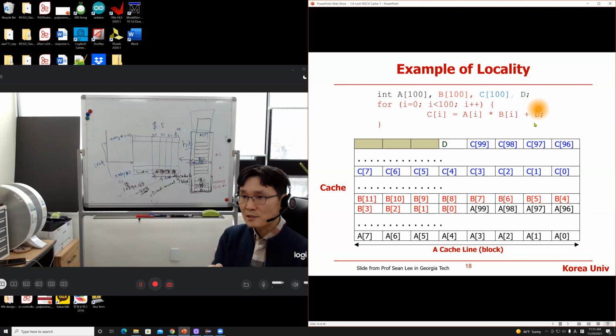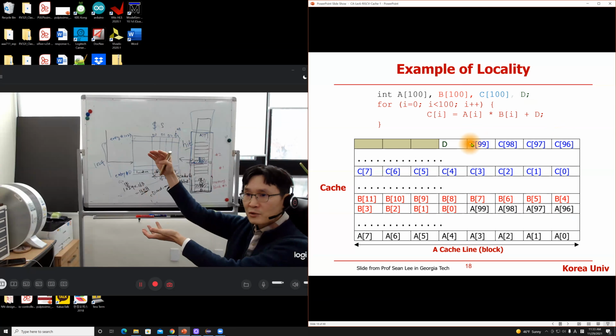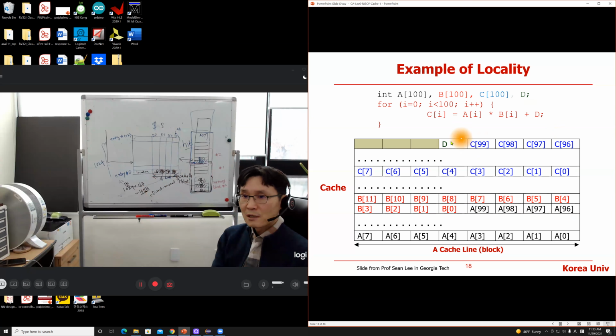When you access D, it is a cache miss, right? So the cache will place the whole memory block, and that memory block should contain D, right? And in this case, that memory block happens to have this data as well, C99 to C96, right? So that information is stored in the cache.